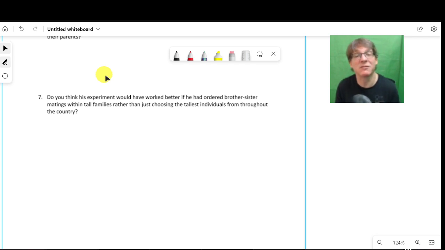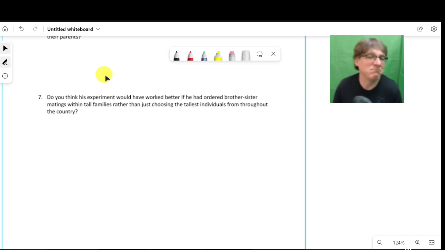Controlled matings and stuff like that obviously is not good in any scenario, but he would have succeeded in his desire to have tall offspring, because all of those brothers and sisters would have had their tall alleles at the same loci, and so you would have enriched for the probability of being homozygous at those locations.